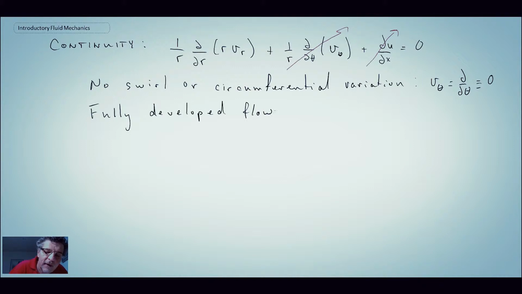For fully developed flow, the characteristic we said was that the velocity is a function of radial location alone. It does not change with axial position. And so continuity reduces to something quite simple.